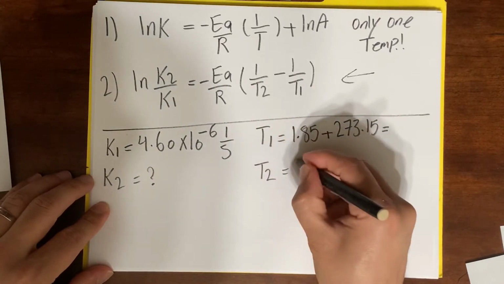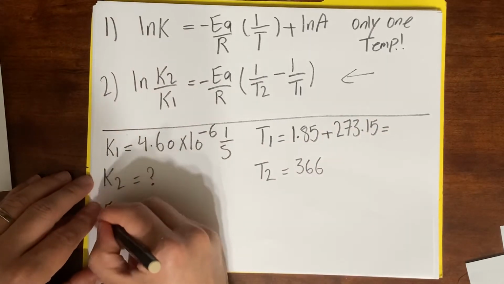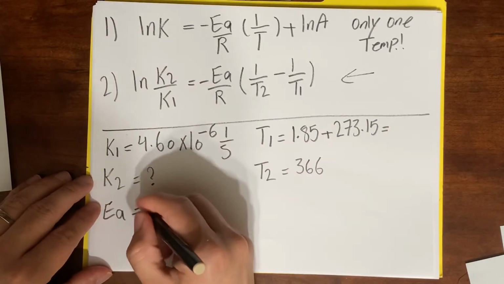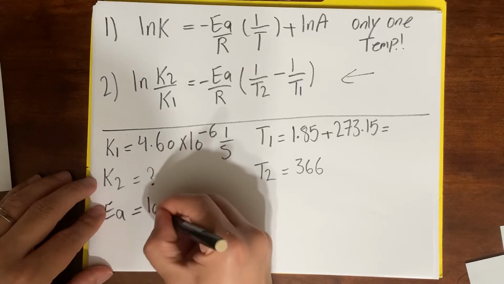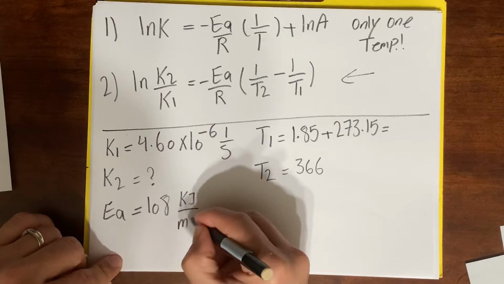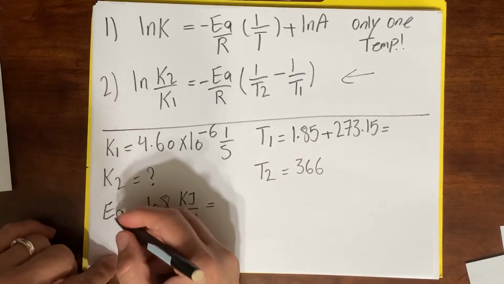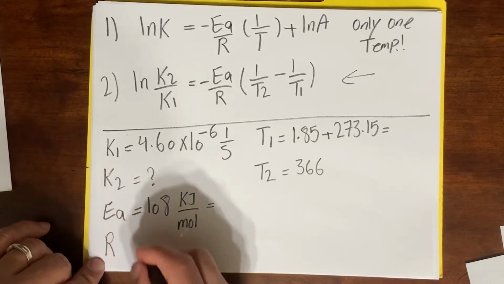T2 is at 366. And the activation energy says 108 kilojoules per mole. We want it to be in joules. Remember, because R is going to be in joules.